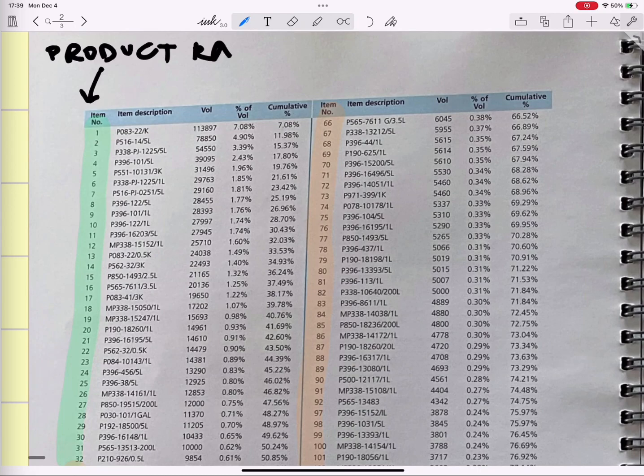And this is the cumulative sales, cumulative volume.